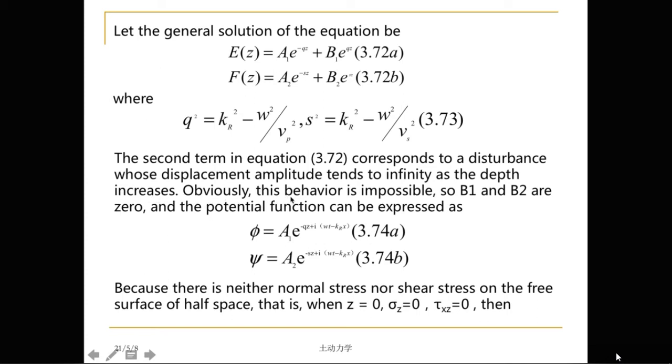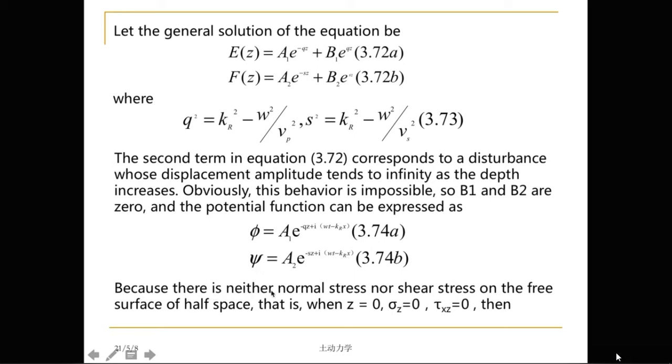Obviously, this behavior is impossible, so B1 and B2 are 0, and the potential functions can be expressed as phi equal to A1 times e to the power of negative qz plus i times (omega t minus krx), and psi equal to A2 times e to the power of negative sz plus i times (omega t minus krx).